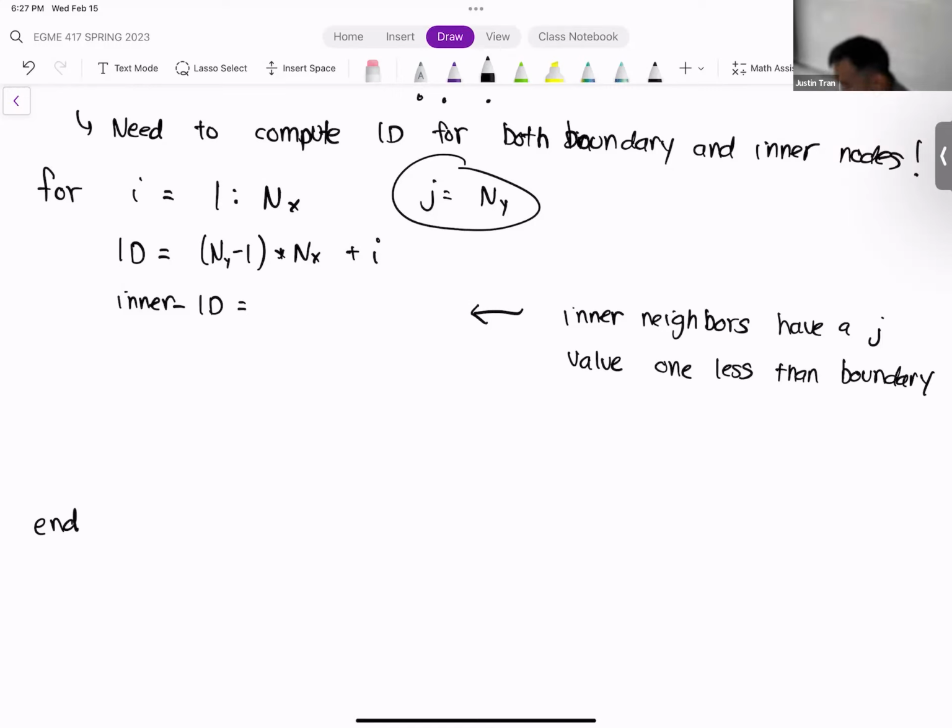And so if the ID number for the boundaries is ny minus 1, then for the inner ID, we're going to have ny minus 2 multiplied by nx plus i. That makes sense how we computed those two ID numbers?